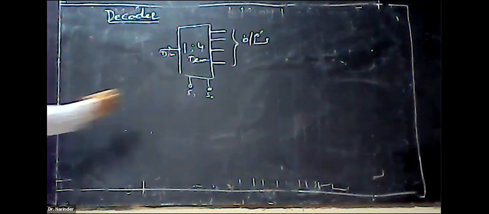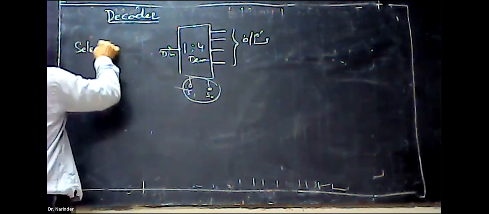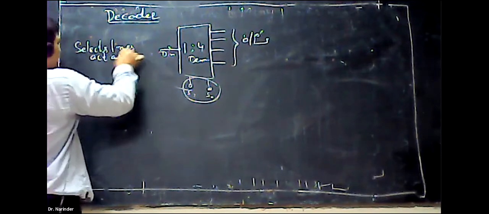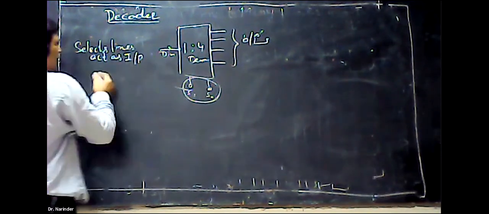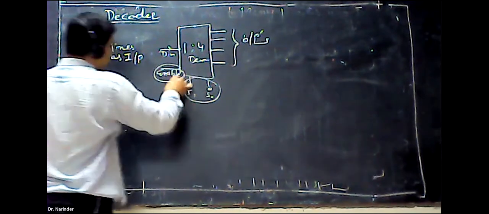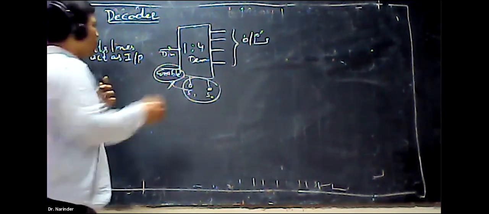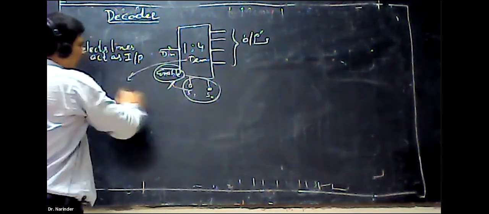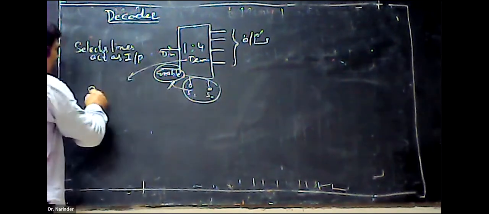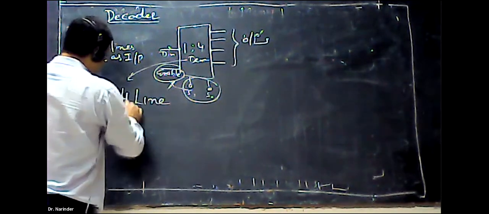If the select lines act as the input, and there is an enable in the demux but no enable in a decoder, then it will act as a decoder. So if I have to write this as a decoder, how many inputs are there? 2. So it would be said as a 2 to 4 line decoder.